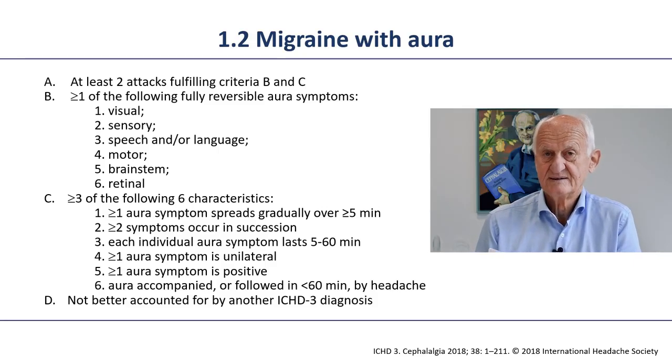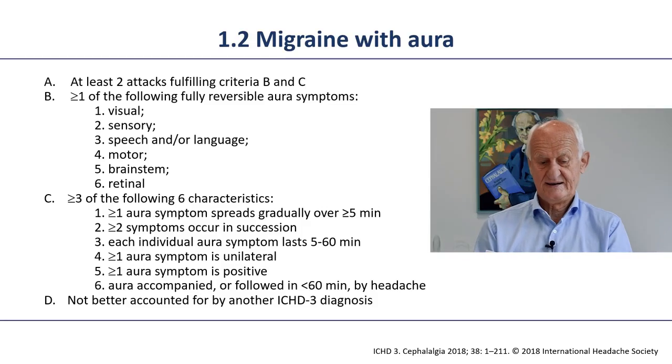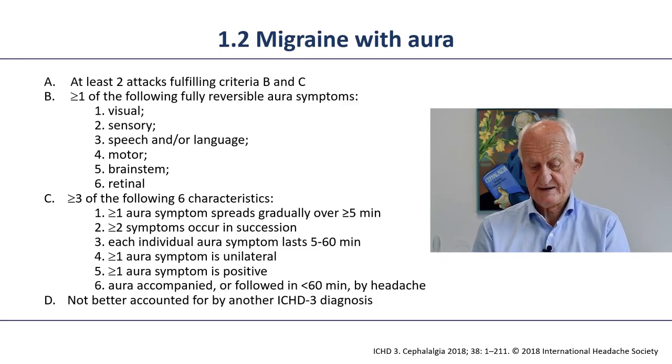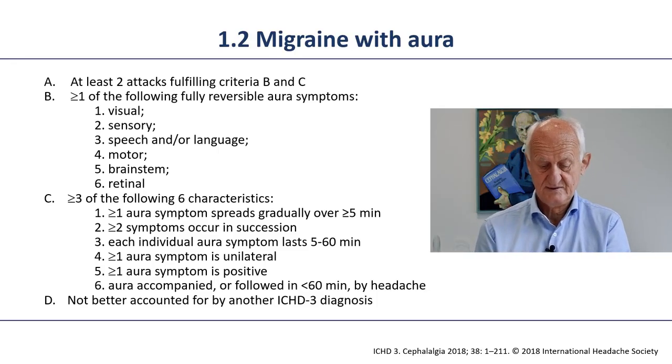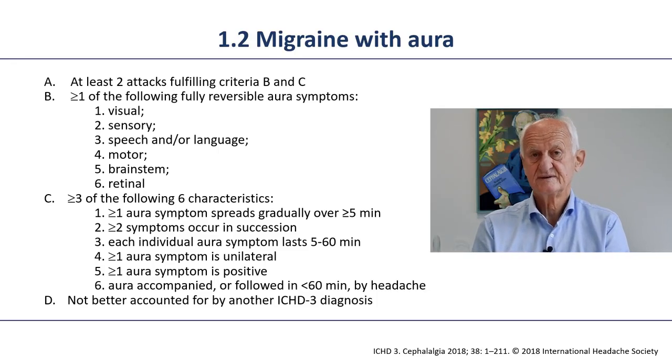Positive means tingling, flickering lights, and so on, as opposed to just deficits. And lastly, the aura should be accompanied by, or most often followed by, headache within 60 minutes.